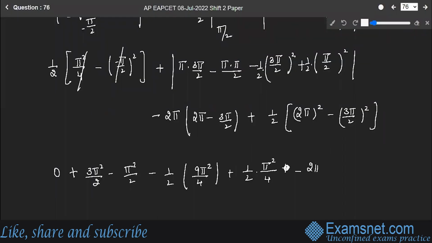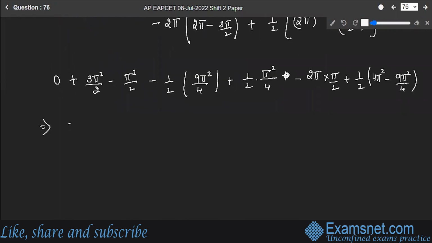Minus 2 pi, 2 pi minus 3 pi by 2 will give you pi by 2, plus half, 4 pi square minus 9 pi square by 4.